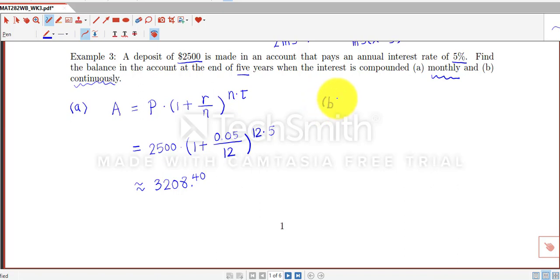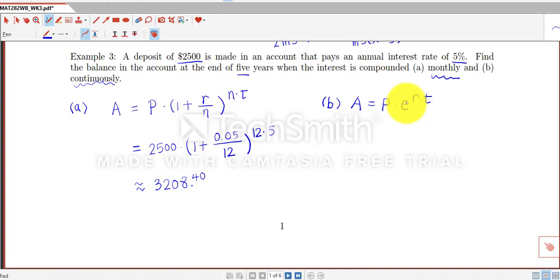For part B, if the interest is compounded continuously, we will use a different model, which we also learned in pre-calculus. A equals P times e to the r times t power. And we will later on in chapter 8 learn how this 1 plus r over n to the n times t power has a limit, because we're compounding continuously, so n equals infinity.